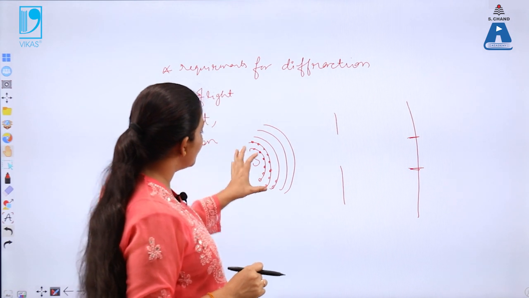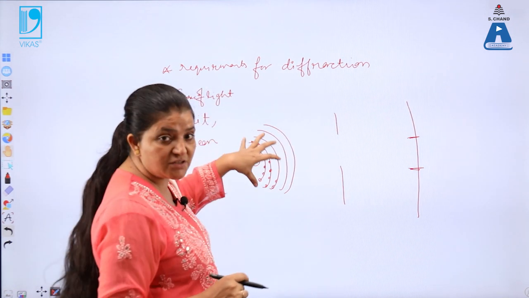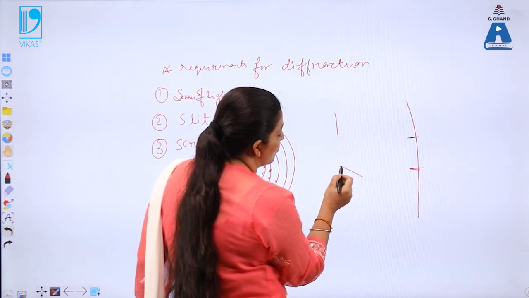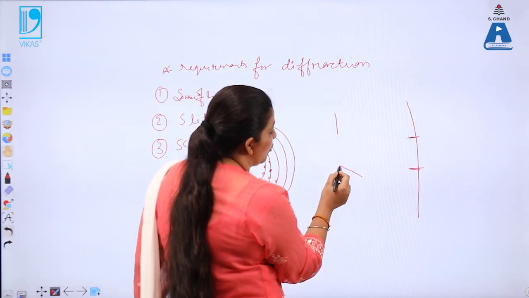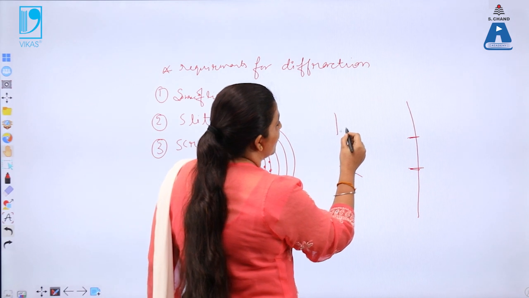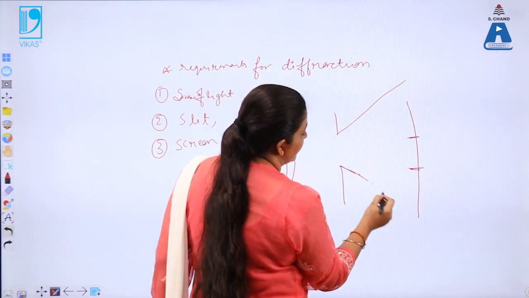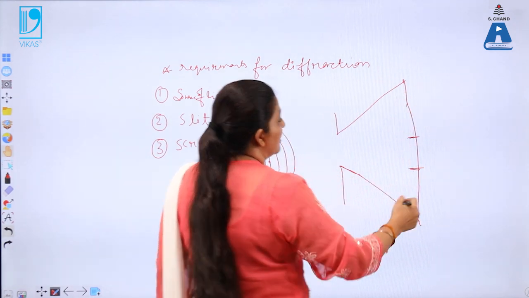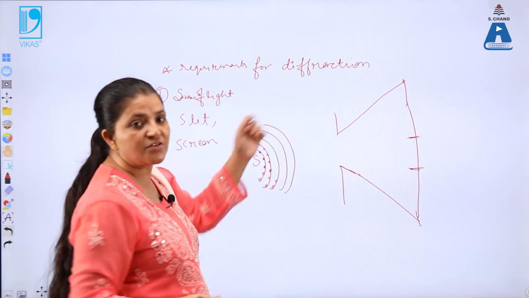But when the light is present in front of this slit, bending of light occurs around the corner of the slit. Due to this bending, we get the geometrical shadow of this light.